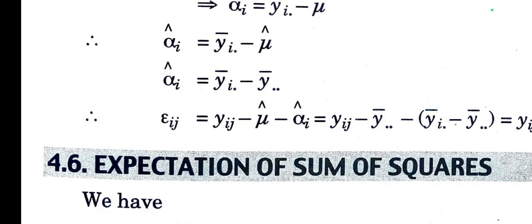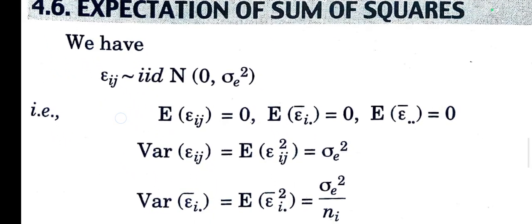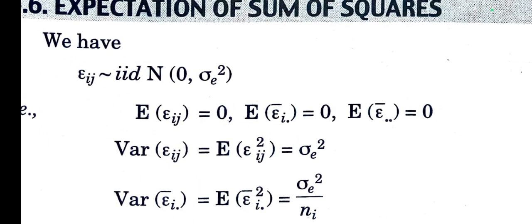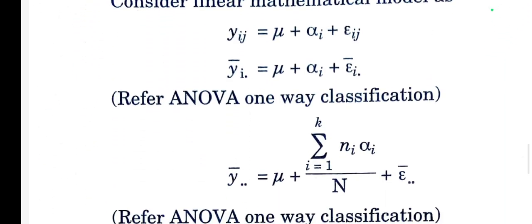Next, expectation of sum of squares plays a very important role. Expectation of eij is equal to 0. Expected value of epsilon bar of i dot is equal to 0. Expected value of epsilon bar dot j is equal to 0, and so on. These are some notations and formulas for that calculation.